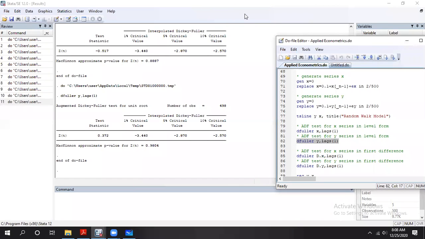We can see that the t-statistic is negative 0.372, and the critical value is negative 2.870. If we look at this side, this is the H0 region and this is the HA region, and the t-statistic value belongs to the H0 region. So we also fail to reject H0.